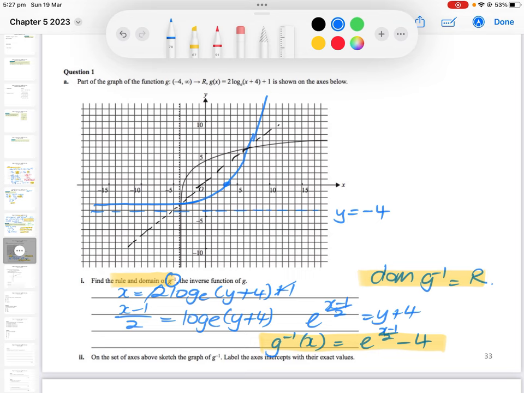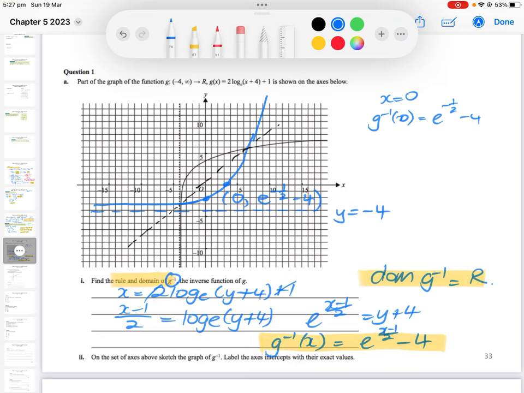So for the axes-intercept, I'm just going to say when x equals 0, the inverse function of 0 is e to the minus a half minus 4. All right, so it's like saying 1 on the square root of e, which is about 1 on the square root of 3, take 4, so it's negative. So when x is 0, this point here is 0, e to the minus half minus 4.